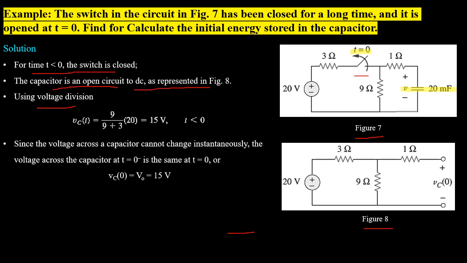Now with the help of the voltage division rule, the voltage across the 9 ohm resistor will be equal to 15 volts when the switch was closed. And we know that the voltage across a capacitor cannot change instantaneously, so the voltage across the capacitor when the switch was closed will be equal to the initial voltage, or the voltage at time t equal to 0. So V naught will be equal to 15 volts.